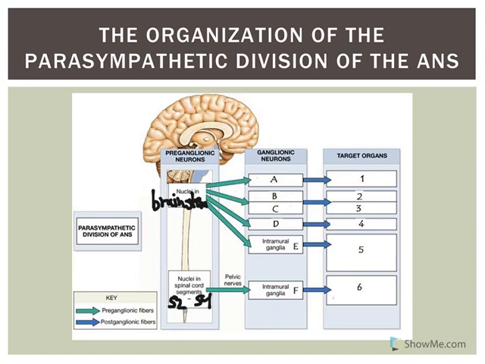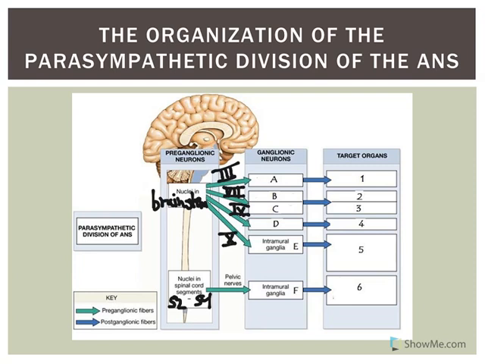Now, the cranial nerves that will be carrying these axons of preganglionic neurons include cranial nerve number 3 here. This one would be 7. This one would be 9. And this one would be 10.